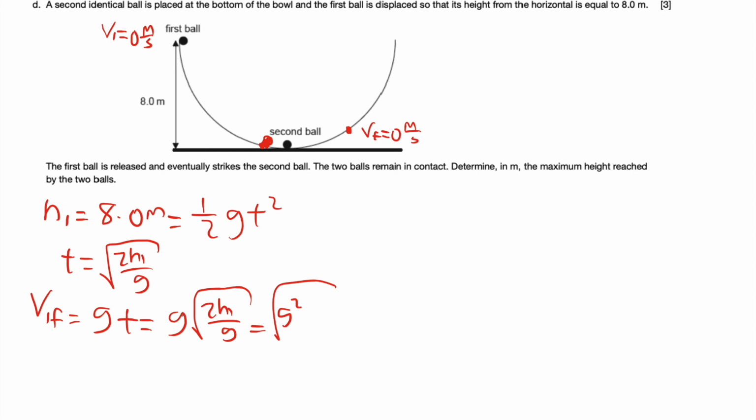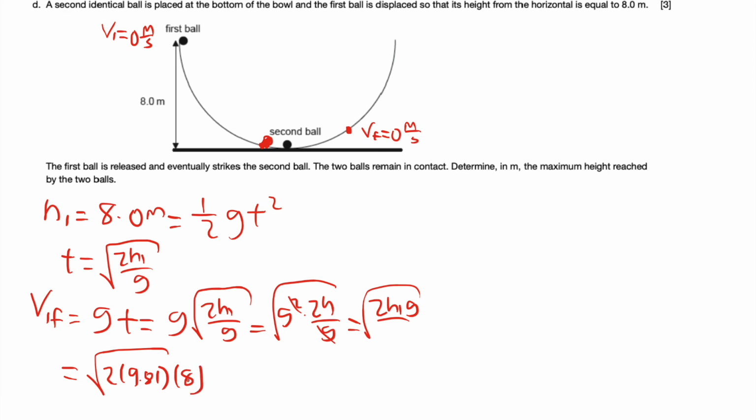This is the square root of g squared times 2h1 over g, so the g cancels off, giving the square root of 2 times g times h1. Now I can plug in a number: 2 times 9.81 times 8, which gives you a number of 12.5 meter per second.